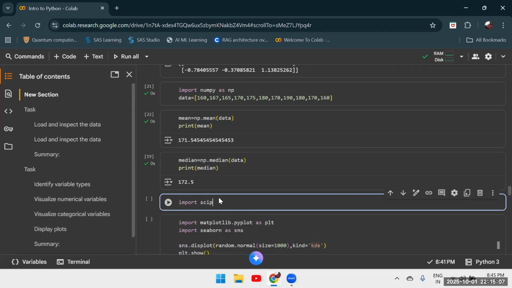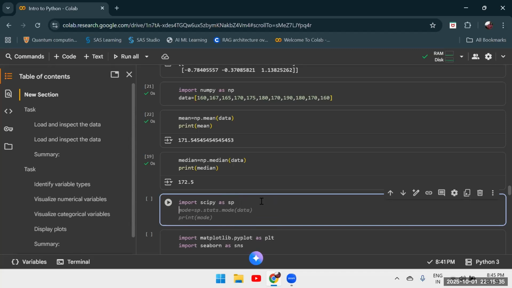SciPy is nothing but scientific Python, imported as sp. In scientific Python we have a method called mode.